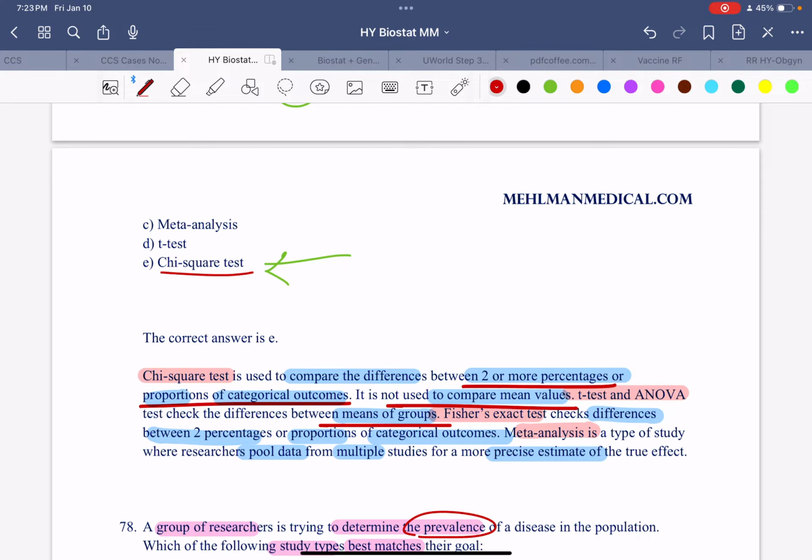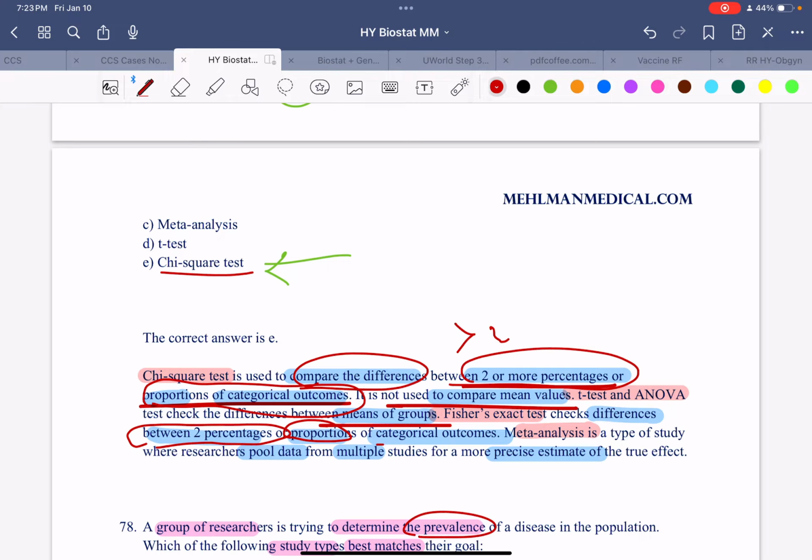So same thing over here, we have to compare the differences between 2 or more percentages or proportions of categorical outcomes greater than 2. This is known as chi-square. Whereas if we just had to measure the differences between 2 percentages or proportions, which is categorical outcomes, in just 2 groups, then that would be Fisher's exact.